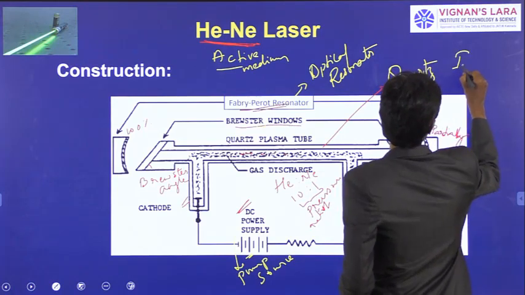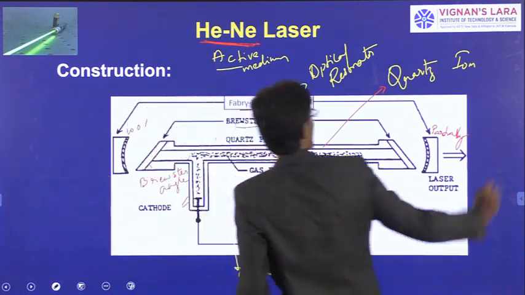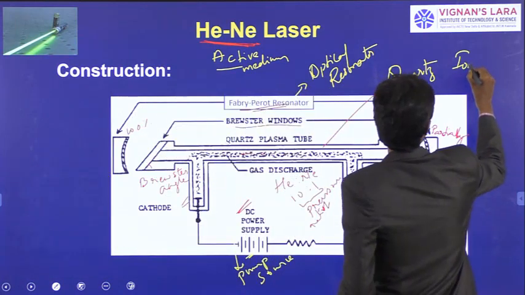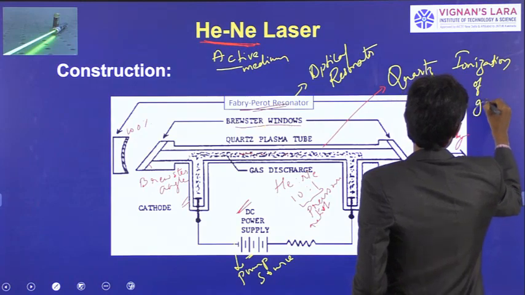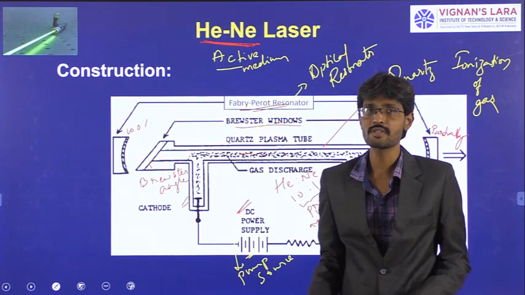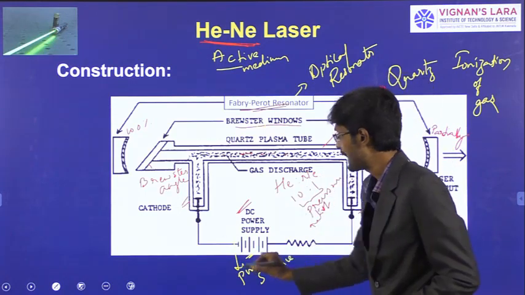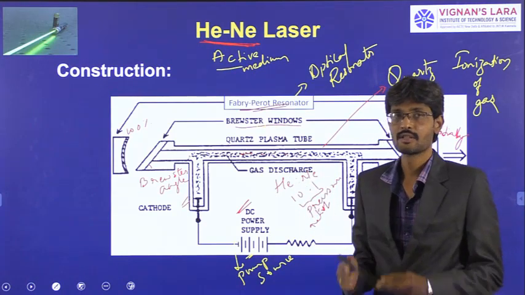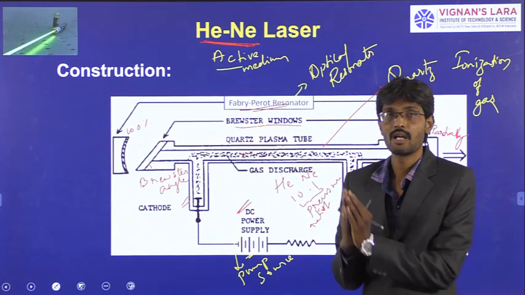Ionization of gas takes place. That means helium atoms will become helium ions and neon atoms will become neon ions. That means when we pass electricity, the gas discharge tube contains free electrons, helium ions and neon ions.